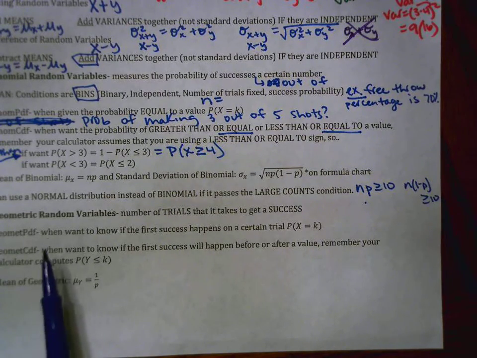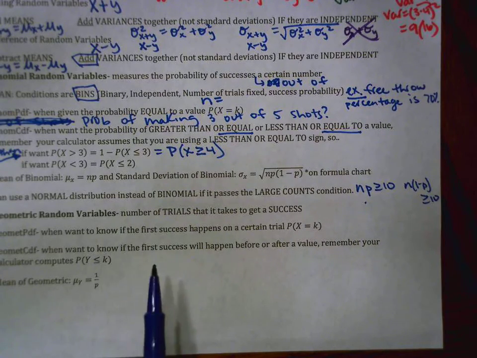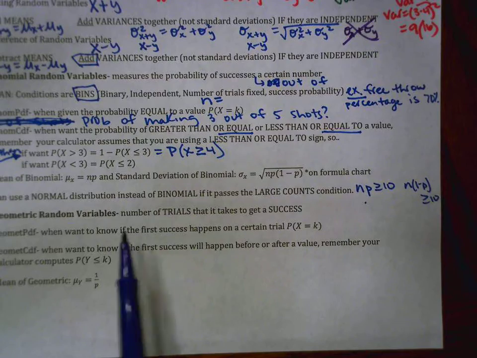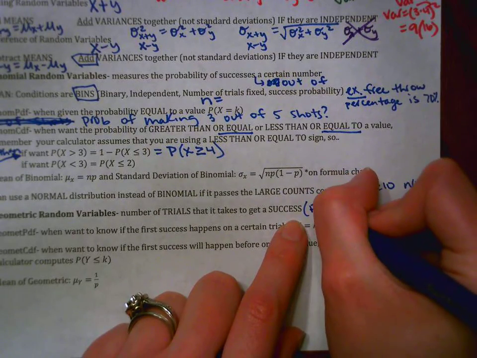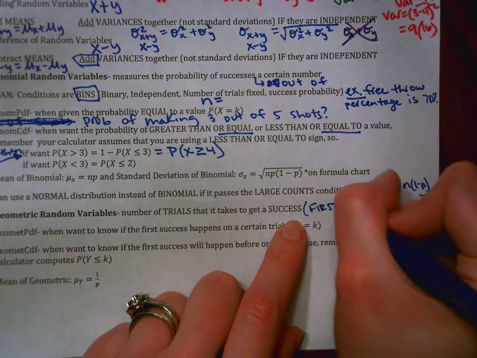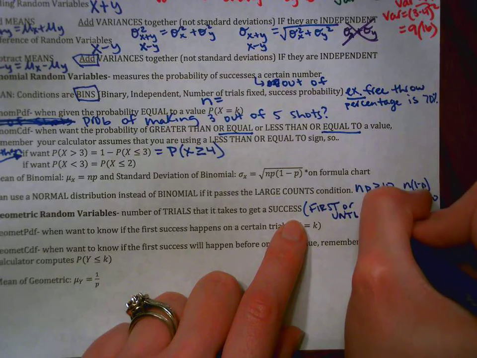Then the last thing was geometric random variable. That is talking about what's the probability of taking a certain amount of trials to get your first success. So you're looking for words like first or until.